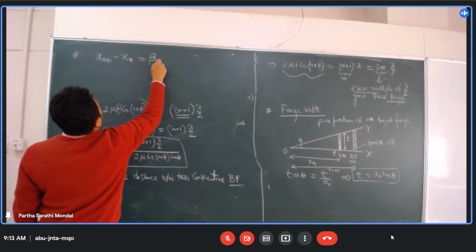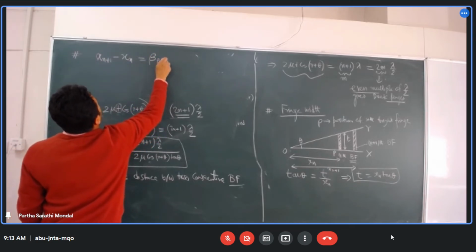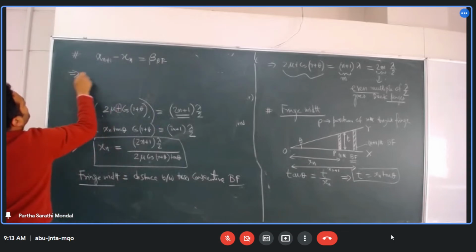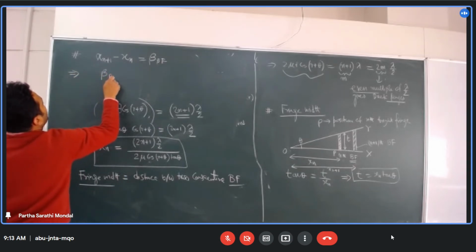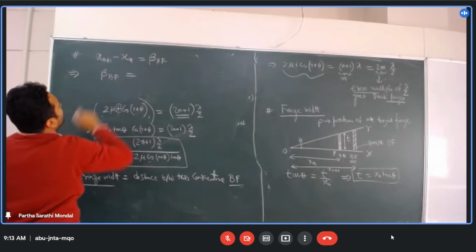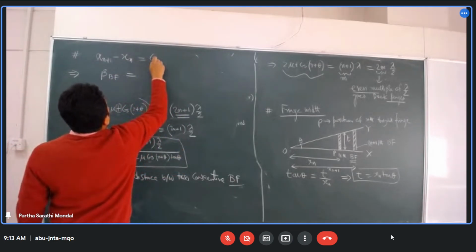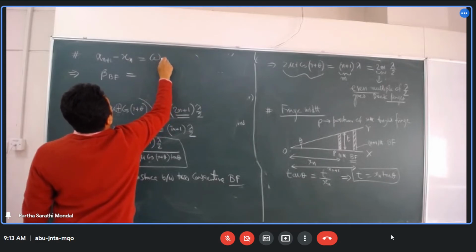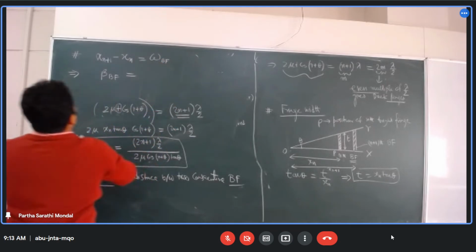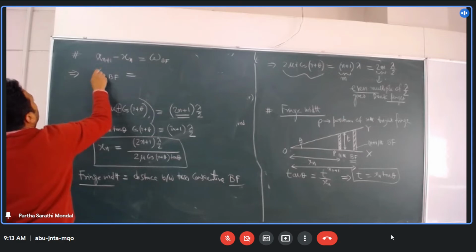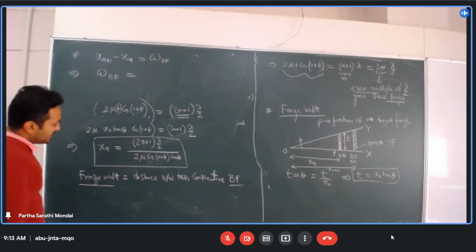Let's say it is beta. We are calculating for the bright fringe, so this is called omega, the bright fringe width.